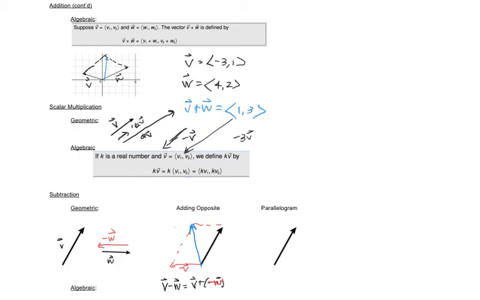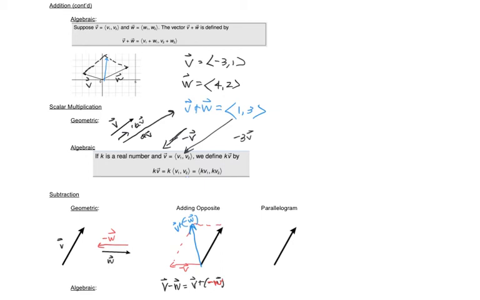So that would be v plus a minus w. So in terms of doing subtraction geometrically, you can just change it into an addition problem. Then you don't have anything new that you need to learn. But if you wanted to be able to do subtraction geometrically directly, we have the parallelogram method.